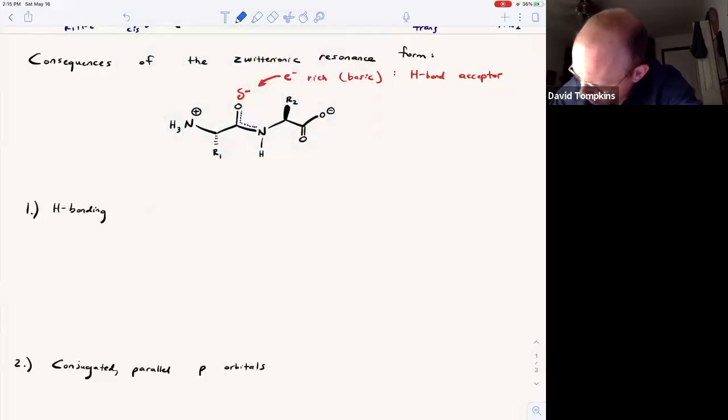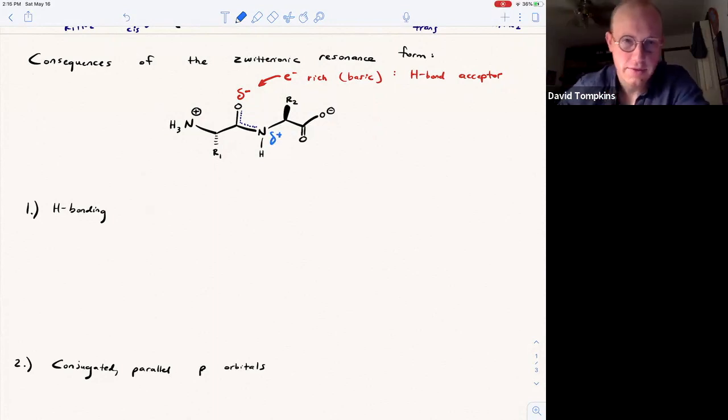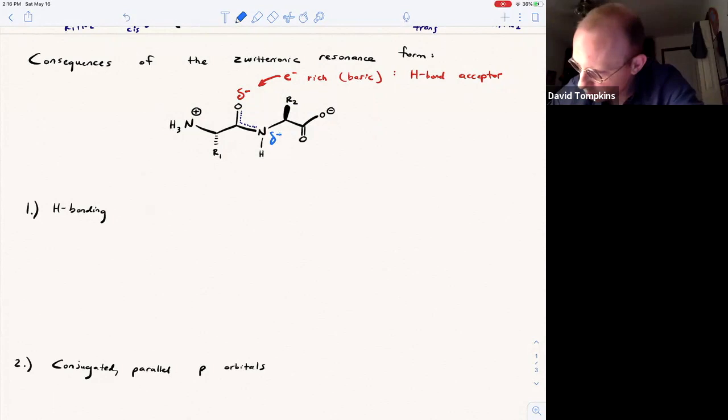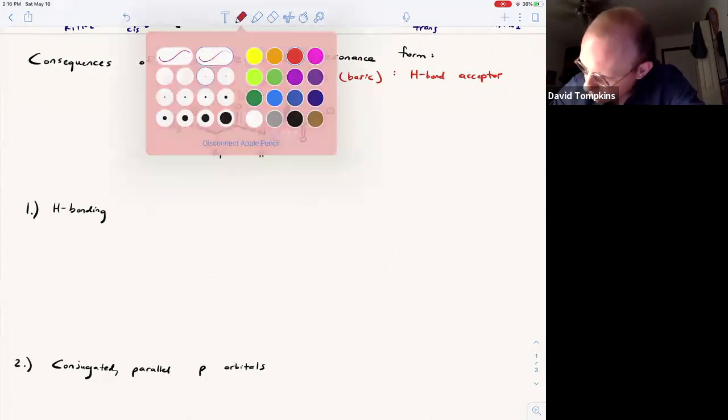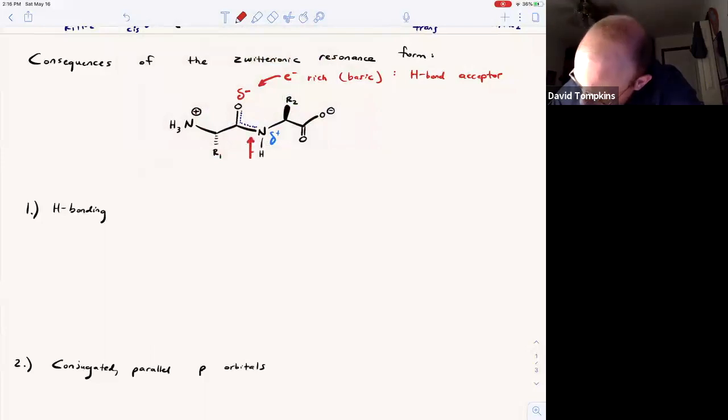Because the nitrogen takes on a formal positive charge in the zwitterionic resonant form, it's going to appear partially positive in the true structure. But remember that nitrogen is much more electronegative than hydrogen. So the true positive charge actually lies on the hydrogen atom, which is being stolen from in an inductive or sigma sense by that highly electronegative sp2 nitrogen.